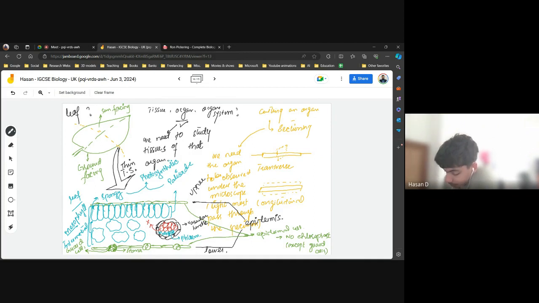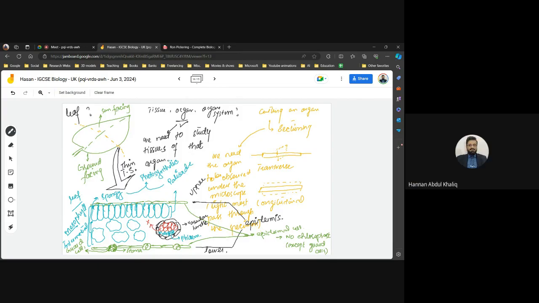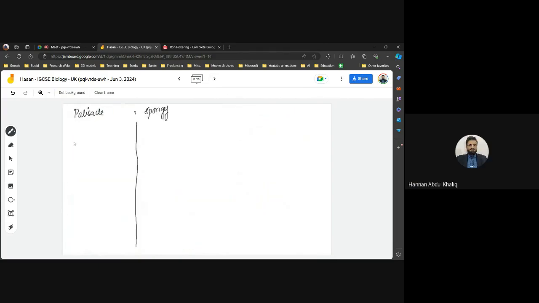Okay. I'm finished. All right, now I'm about to tell you the difference between the palisade and spongy mesophylls. The literal meaning of palisade is fence, and the literal meaning of spongy is a surface with air spaces.